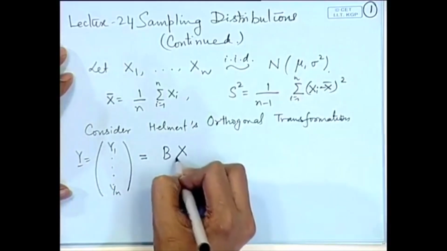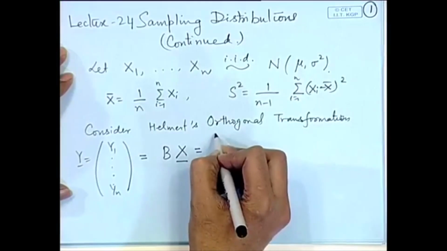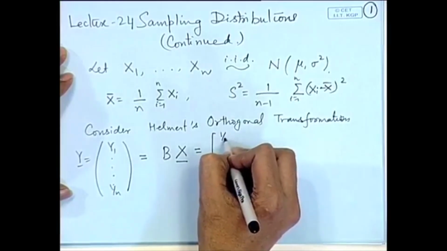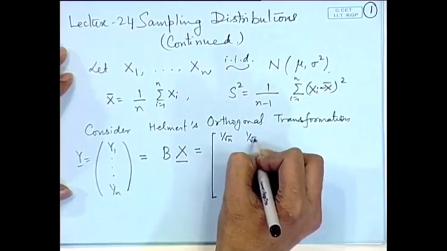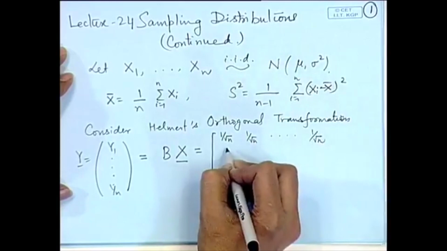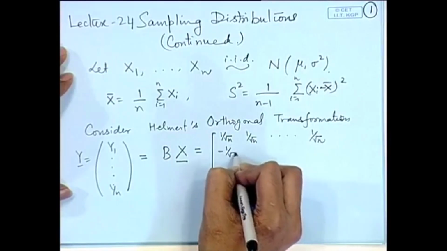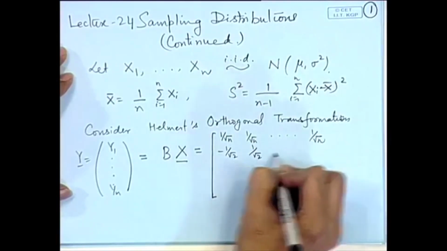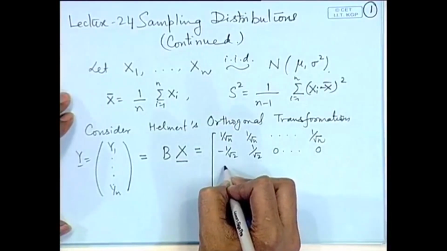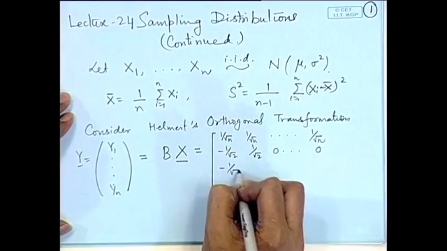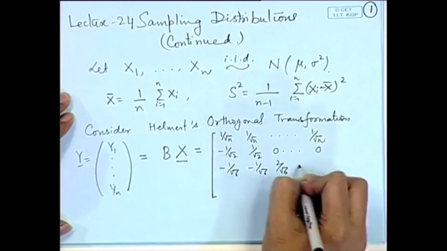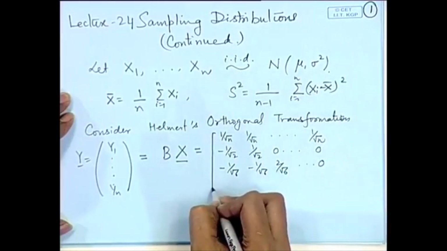B x, where B is the matrix of coefficients. The first row is 1 by root n, 1 by root n and so on, 1 by root n. The second row is minus 1 by root 2 and 1 by root 2, and the remaining terms are 0. The third is minus 1 by root 6, minus 1 by root 6 and 2 by root 6, and the remaining terms are 0.